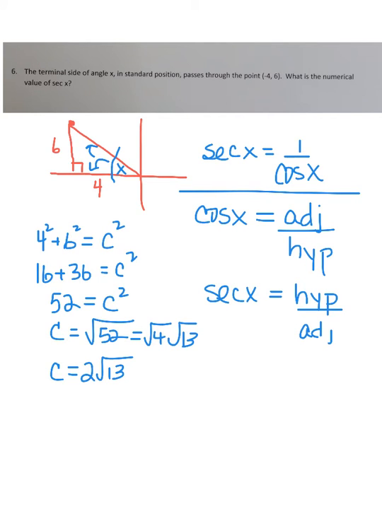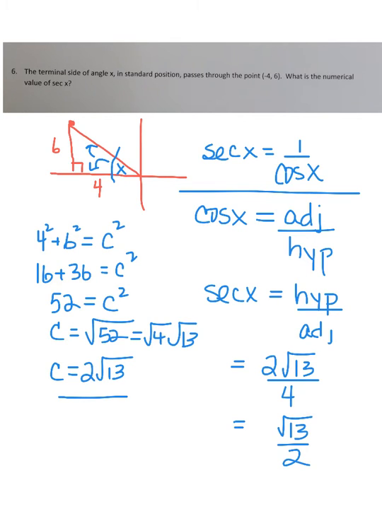Okay, so then in that case, let's look at the hypotenuse. And my hypotenuse is right here. It's 2 radical 13 over the adjacent. So again, hypotenuse, adjacent. So that would be 4, right? Okay, and I can simplify that. 2 radical 13 over 2.